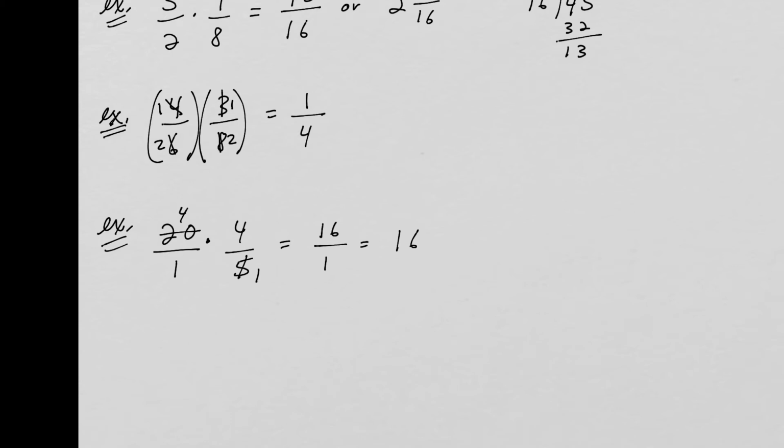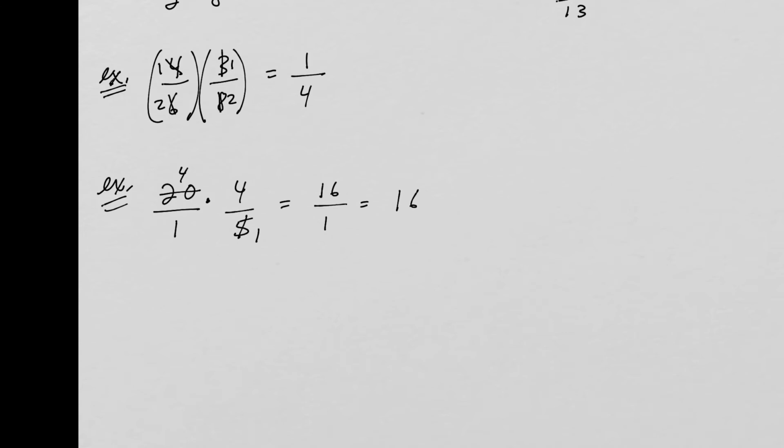Okay, so that's if you just have regular fractions. What if you want to multiply mixed numbers together? So let's look at the rules for that. So to multiply mixed numbers, okay, here's what you do.